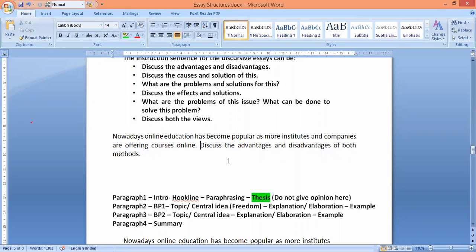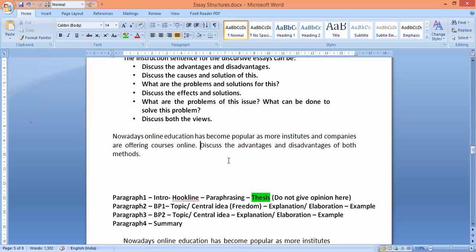Now you will say: this essay will discuss the advantages of online education in terms of learning from home and being less expensive, and the disadvantages include no presence of a real teacher, and there can be distractions. So this is the specific thesis statement. You are telling the examiner that I'll discuss these two advantages and these two disadvantages in the beginning only, in the introduction only.